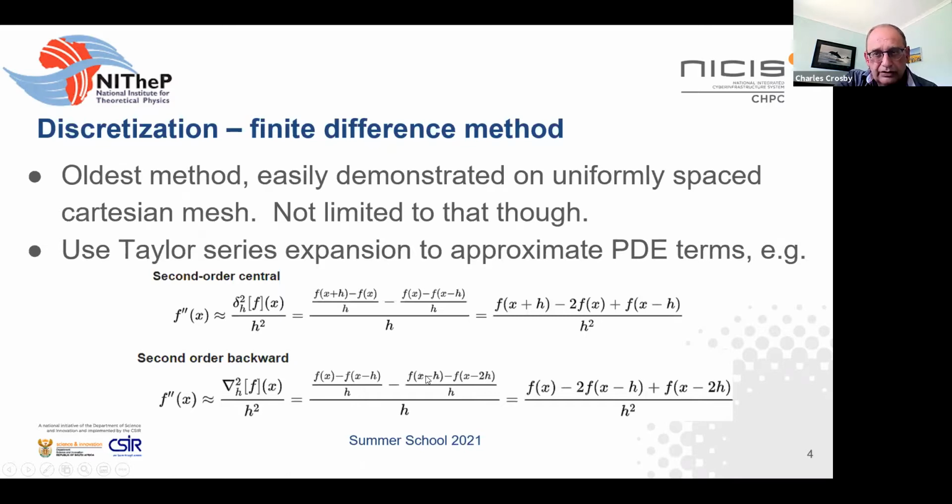So it's worth stopping for a moment here. Second order backward differencing is essentially the same thing as, let's call it, second order upwind differencing. So the concept of upwind differencing is inherent to understanding what happens with the convection terms in a fluid dynamics method.